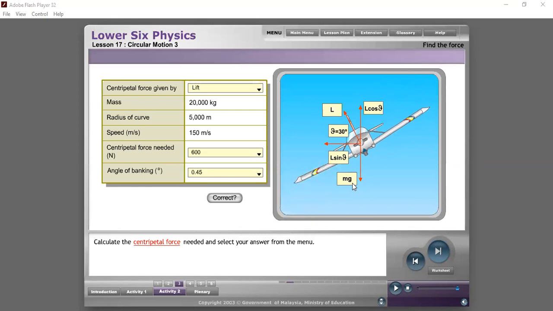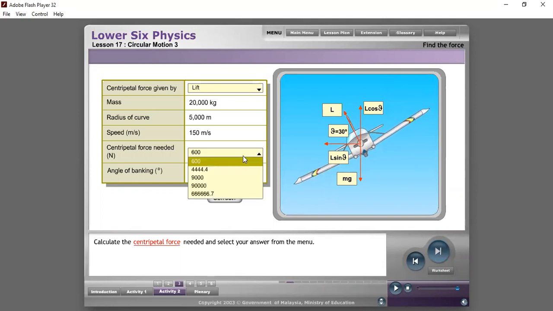Let's see, mg, 20,000 times 10 or 9.81, times sin of the angle of banking. Sin delta is equal to 0.45.